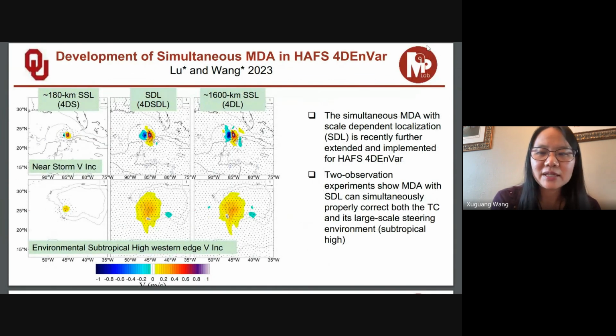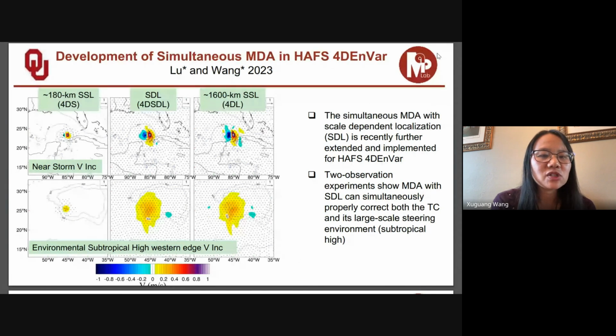So both Daryl and Curtis mentioned the efforts of implementing and testing the SDL, the multi-scale data assimilation using SDL, for GFS and RFS through collaborations between EMC, GSL, and our group. And here I'm talking about the efforts we made recently to extend the simultaneous MDA with scale-dependent localization for HAFS.